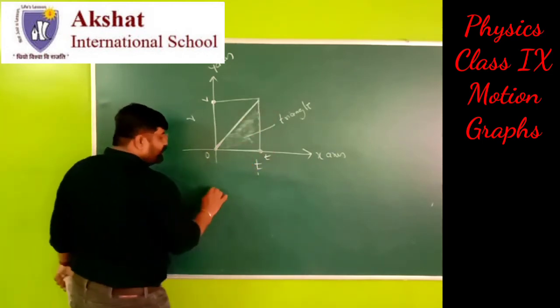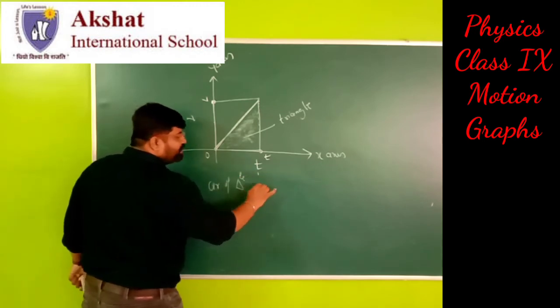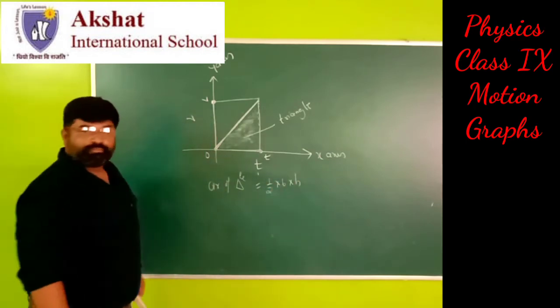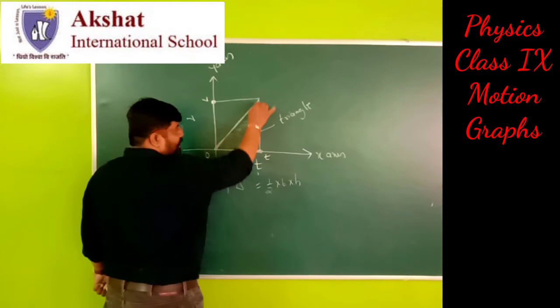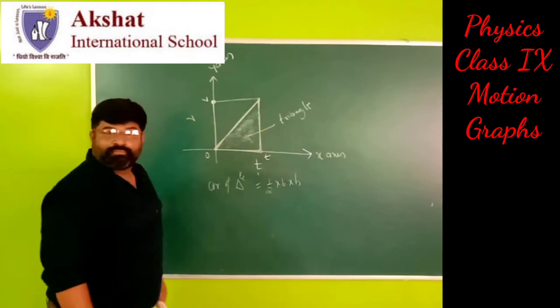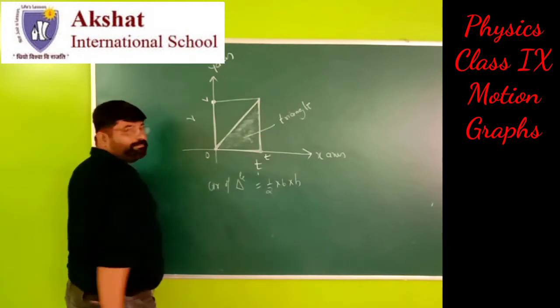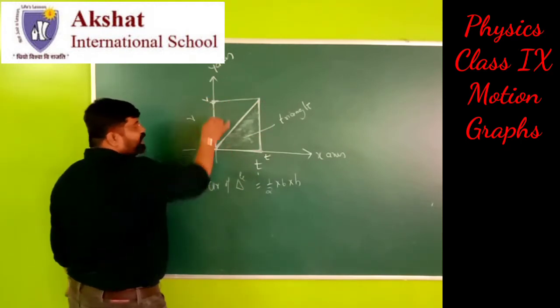The area of a triangle is half into base into height. Now this is our base and this is our height. According to geometry, this length will be equal to this length, so from this y-axis we can find the height.